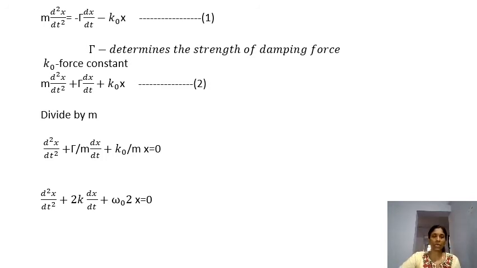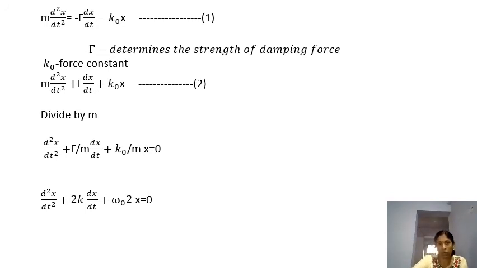Initially a force is acting on the body, and it will try to come to its original position. So what happens? Some restoring force is acting. That restoring force is denoted as k naught x. Due to the velocity of that particle from its initial position, some retarding force is acting.